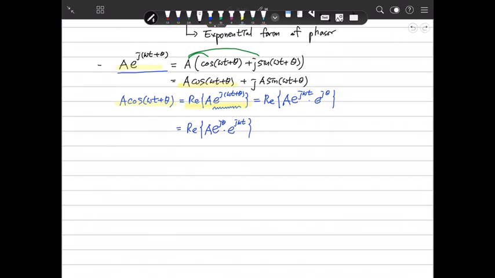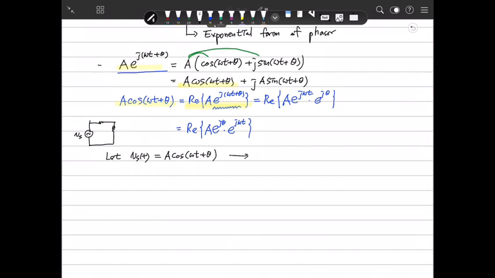Let there be some circuit here. For example, there is a circuit here, and let Vs(t) be A cosine omega t plus theta.